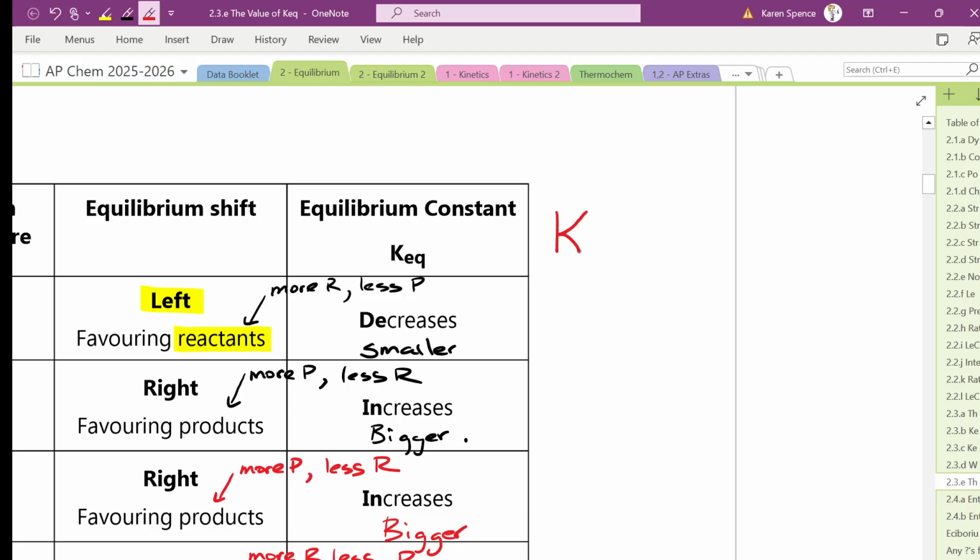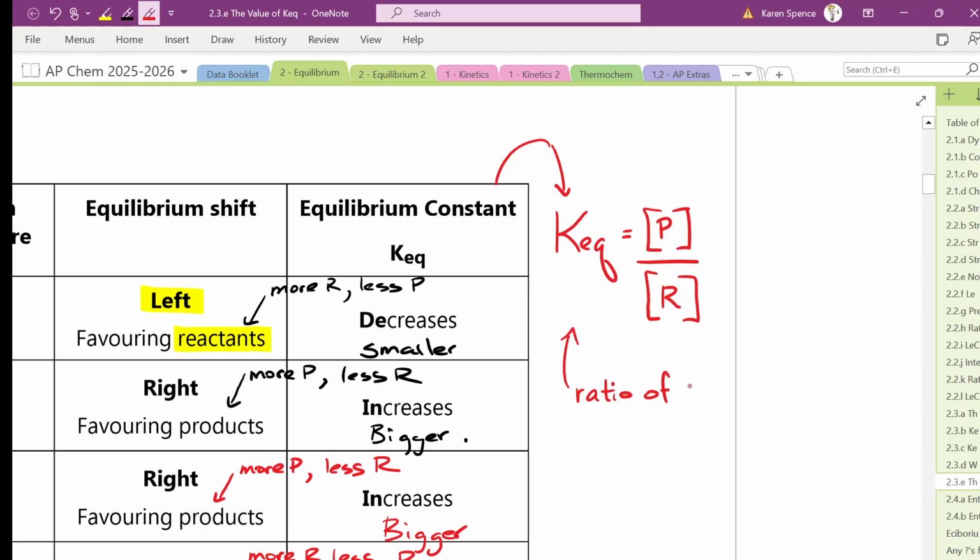Okay, so KEQ is the equilibrium constant, and it is equal to the concentration of the products divided by the concentration of the reactants. So it is the ratio of products to reactants.